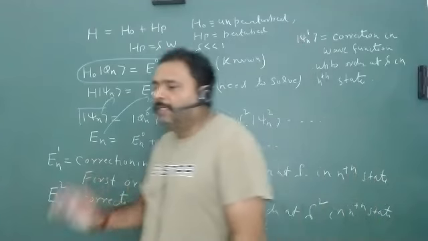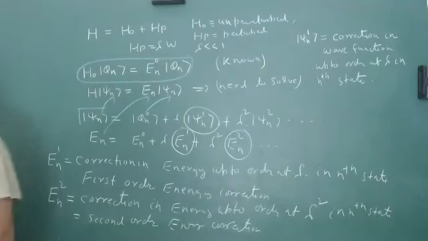Okay, so let me give you the actual answer. So this is the definition part. What will be the outcome? I am just going to write in the next frame. So are you able to understand what I am going to say? Yes, sir.